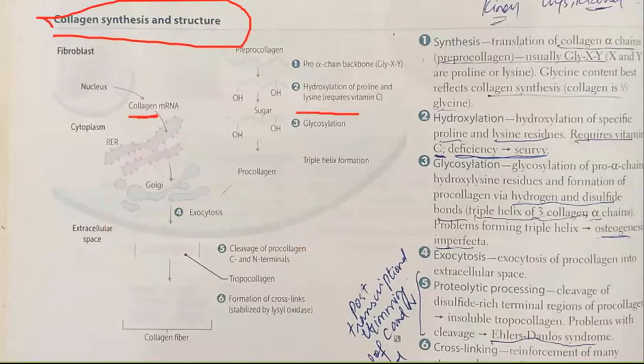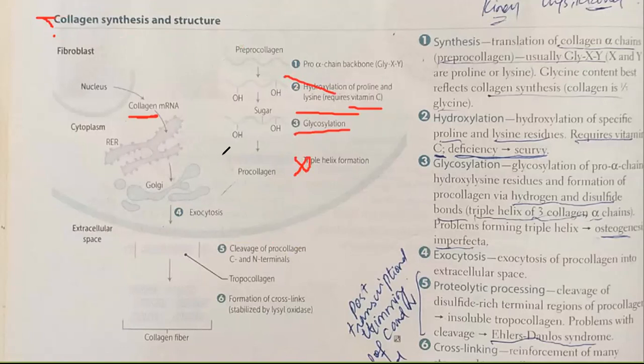Okay, so there are 4 and 5 types of collagens, so we will discuss that in biochemistry too in the cellular portion. This is one very important step. If you miss this hydroxylation step, you will not go into glycosylation, you will not form procollagen. When you do not form procollagen, you will not go on to the step of exocytosis.